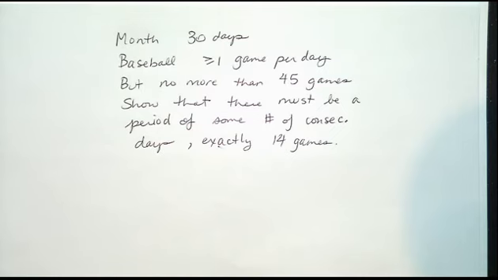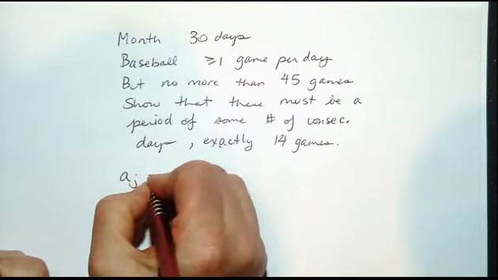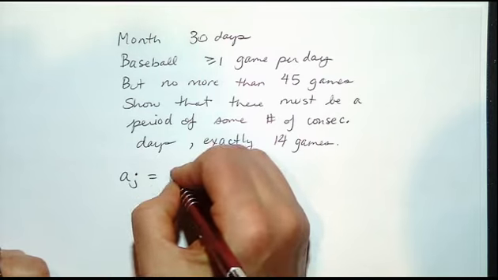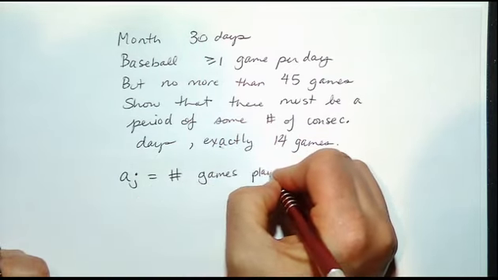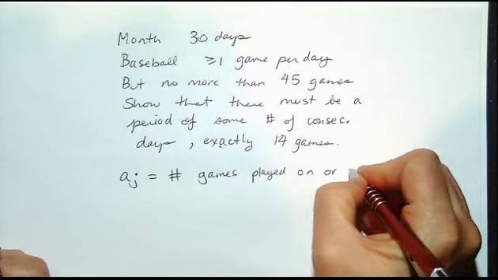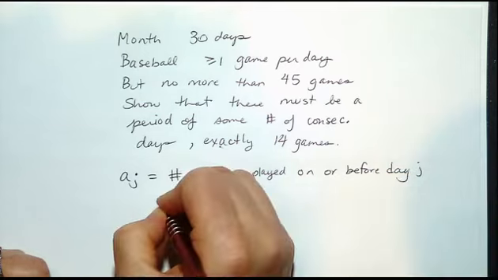So what we're going to do is make a variable for the number of games played on or before the jth day of the month. So we're going to make a_j equal the number of games played on or before day j in the month.